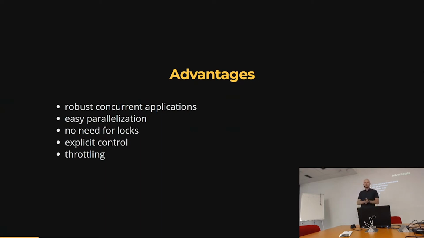It gives you explicit control over the way the data is buffered and over the way the data travels through your system. And also, really important thing is that it allows you to throttle the data flow. So you don't need to overflow your system. You just specify how much you can handle, and that you will handle.